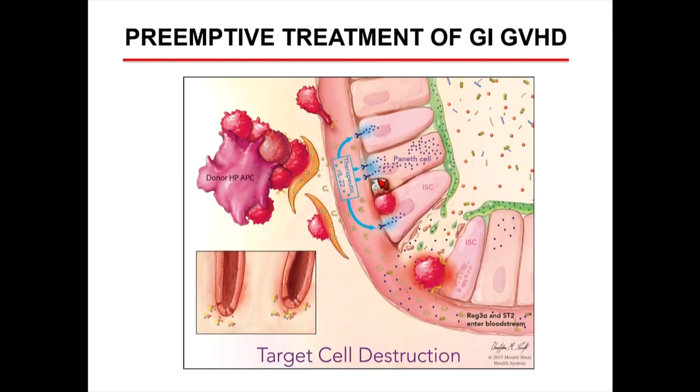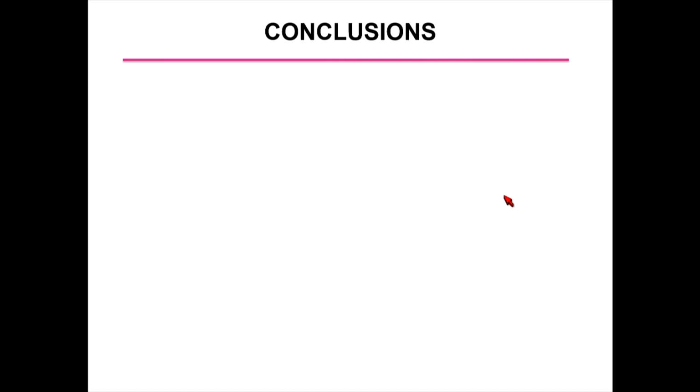So you can imagine now that IL-22 is inducing Reg3, it's preserving what Paneth cells, enterocytes, and intestinal stem cells you already have. And this now takes us away from just immunosuppressive strategies to proactive reconstitution strategies of the innate immune system in the GI tract.